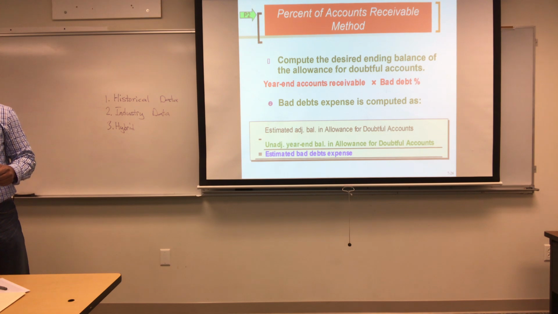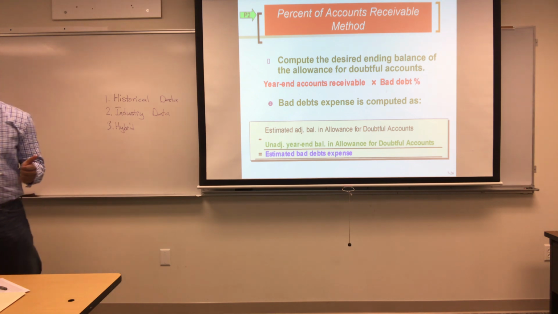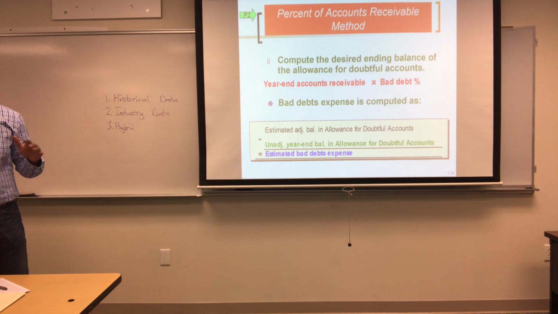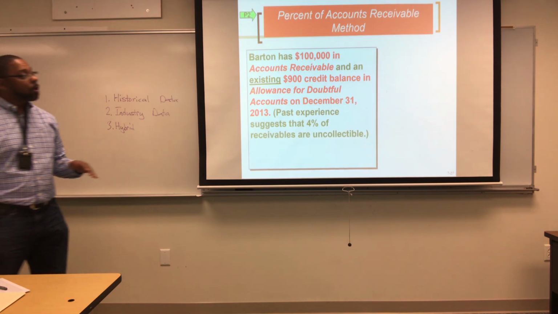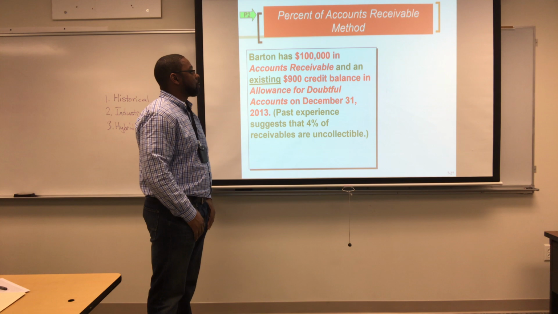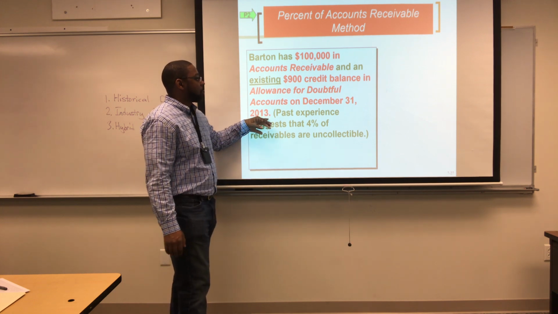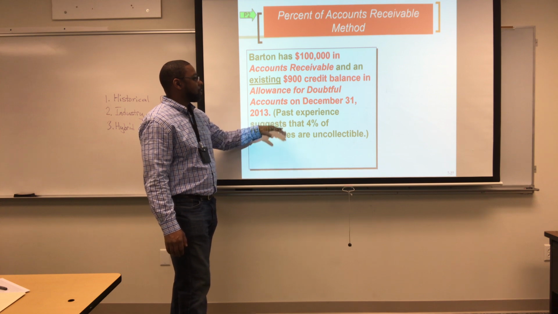The other method, the percent of accounts receivable method, the starting technique is the same, except here we're going to deal with accounts receivable instead of sales. So Barton has $100,000 accounts receivable, an existing $900 credit balance in allowance for doubtful accounts on December 31st, 2013.